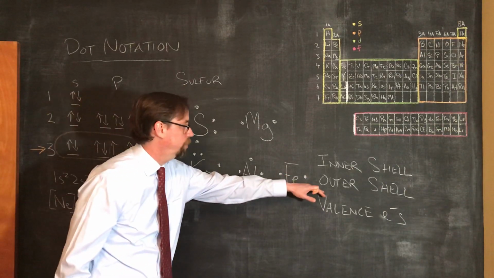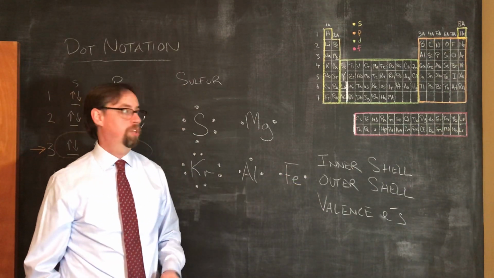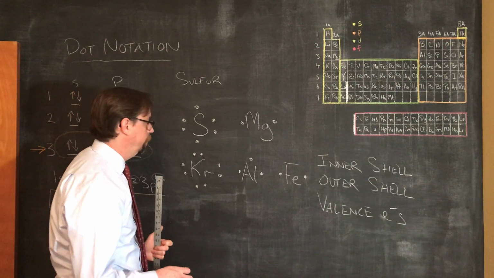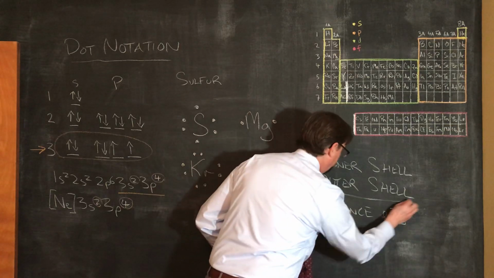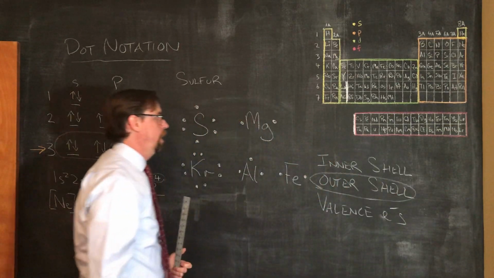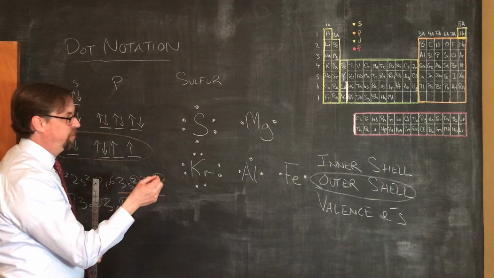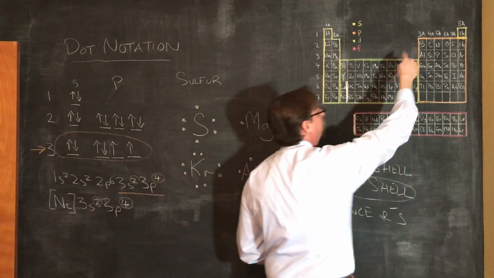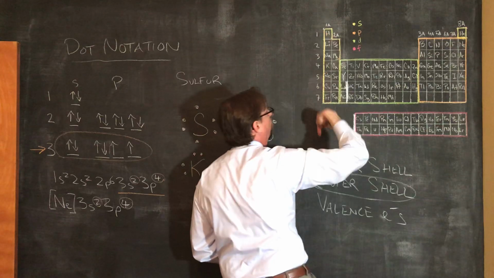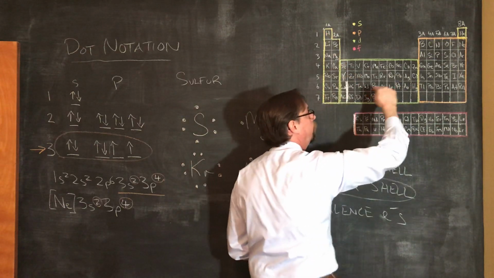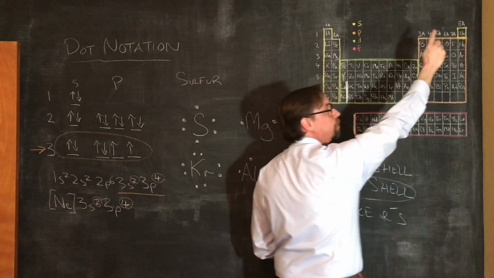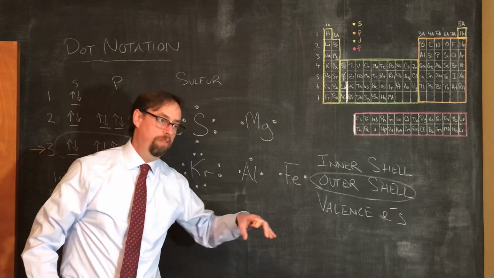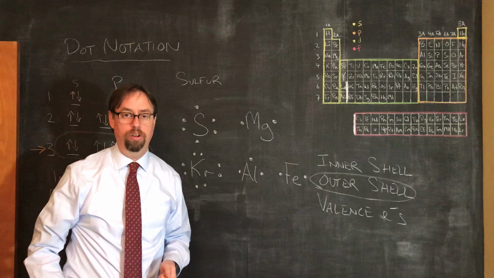Normally those are outer shell electrons, however, sometimes some of those D electrons count as that. But when we're representing dot notation, we're only representing outer shell electrons, the ones in the highest energy level. And you can look at the family to tell you how many dots go in the dot notation. So you've got 1, 2, then 3, 4, 5, 6, 7, 8 dots in their dot notation. Okay, so that completes all of our ways that we represent electron configurations.